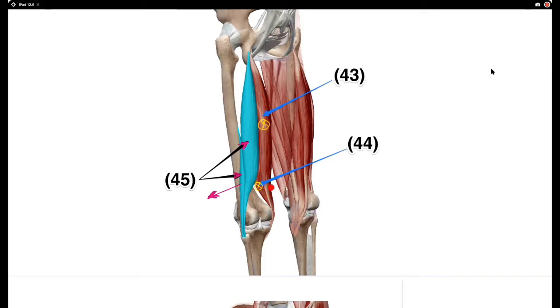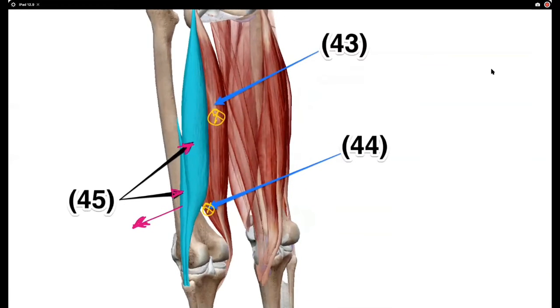Let's start with the superficial one, and as I see, it has a long tendon. Almost half of the length of the muscle is a tendon. So what did we call this muscle? Can you remind me, please? The superficial muscle located on the medial aspect of the posterior compartment of the thigh.